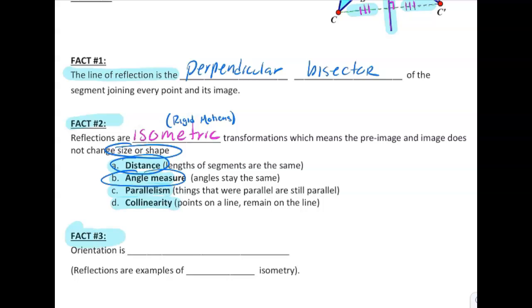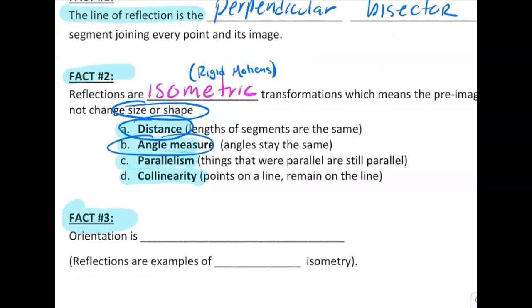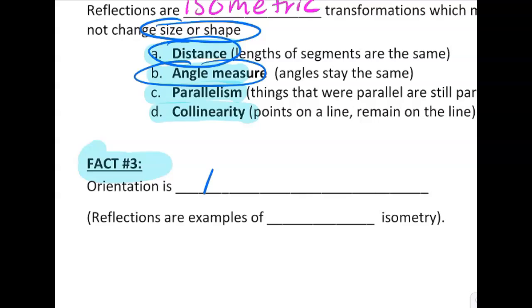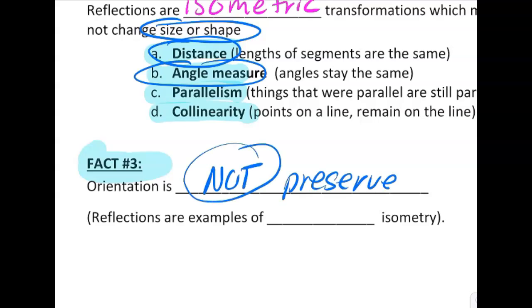The third thing about reflections, and this is the unique thing we talked about a few days back, orientation, and that's the way that you name the shape as you go around it. Orientation is not preserved. It's the only transformation, the only rigid motion especially, that is not preserved. Reflections are an example of opposite isometries, but I'm not even going to get into that because we didn't talk about it last time.